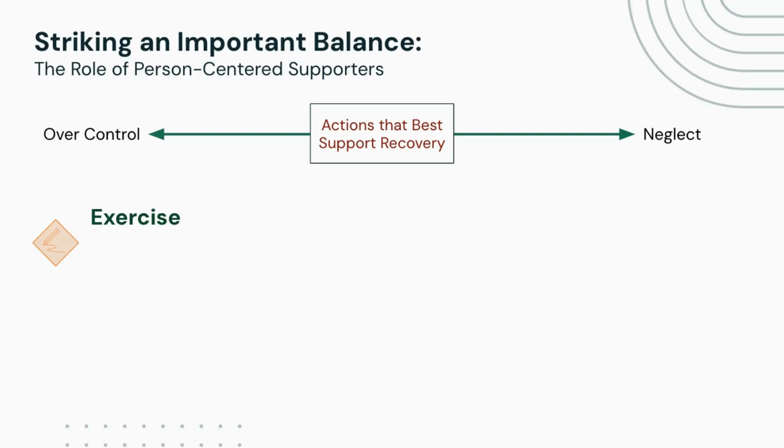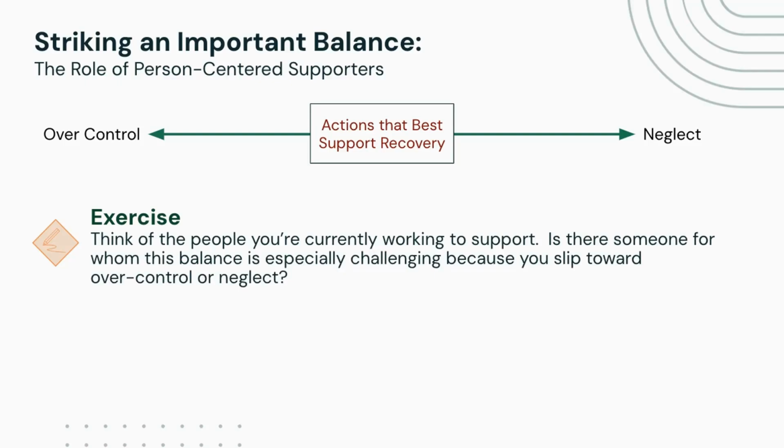You might want a piece of paper and something to write with as you go through this. Think of the people you're currently working to support. Is there someone for whom this balance is especially challenging because you slip toward over control or neglect?